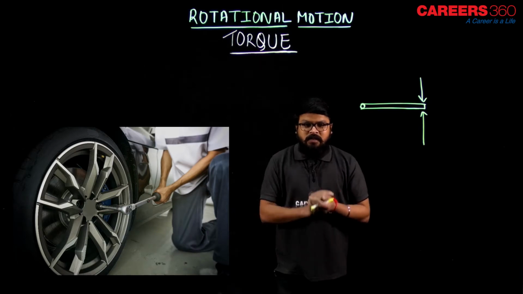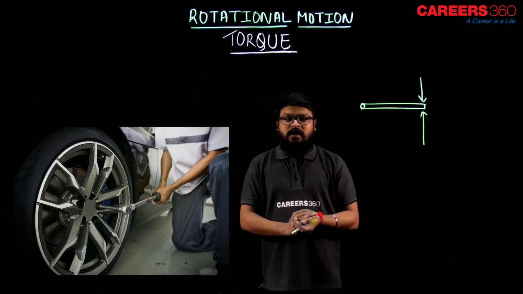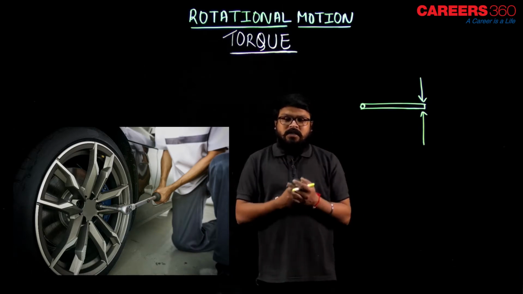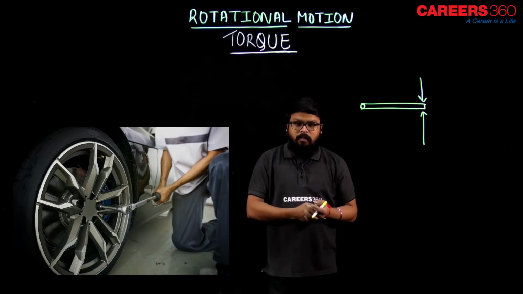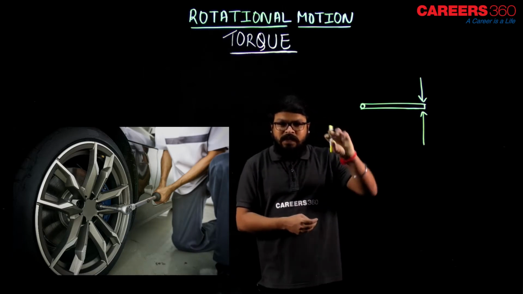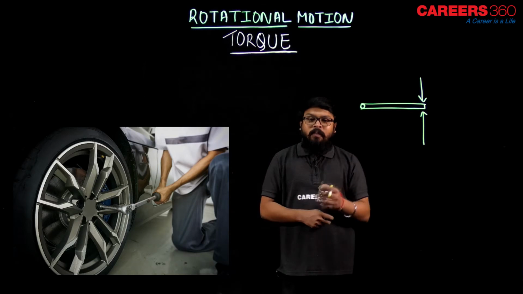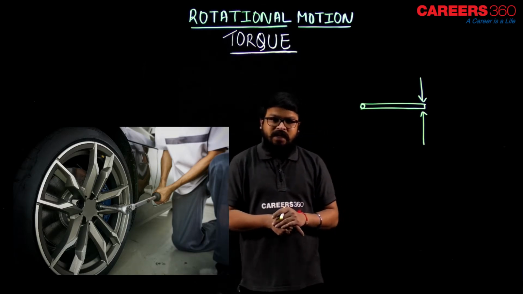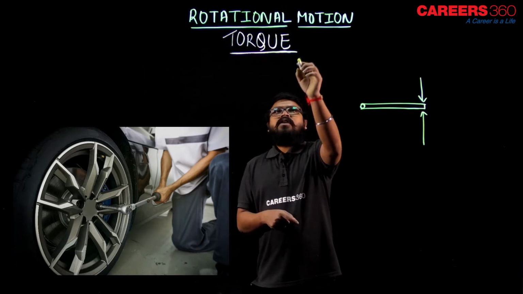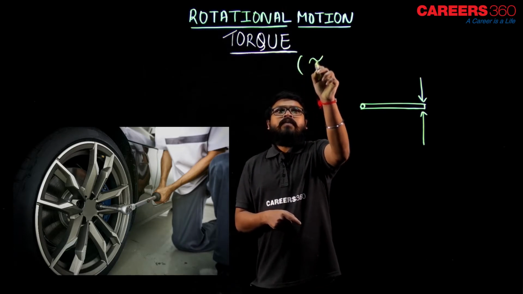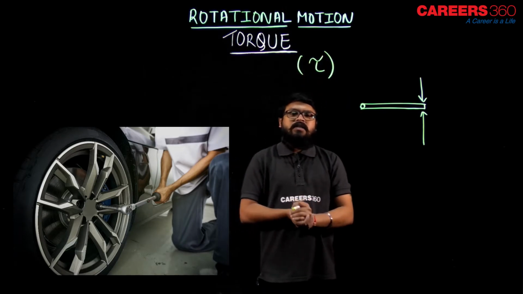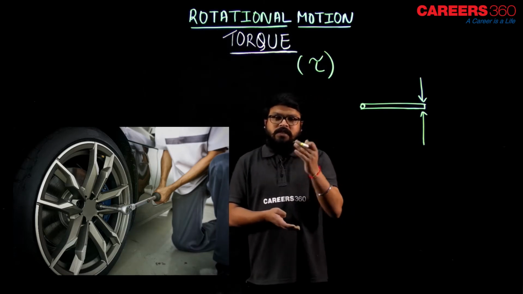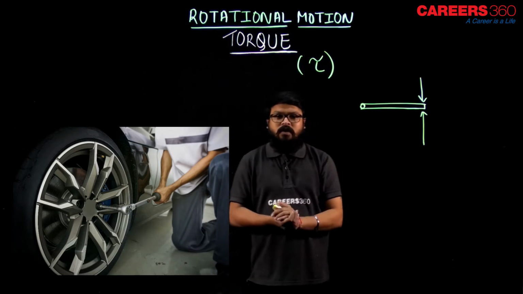So, similarly, in linear motion, in order to provide translational motion, force needs to be applied. In rotational motion, the moment of force needs to be applied, which we call torque. It is represented by tau, a Greek letter, and this is the symbol which is used.